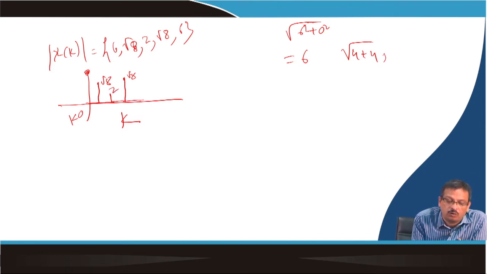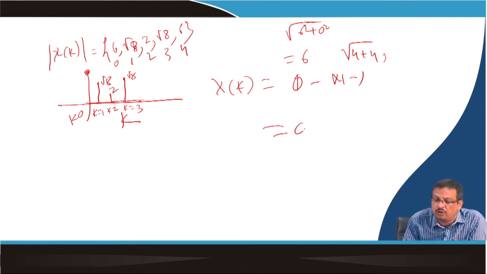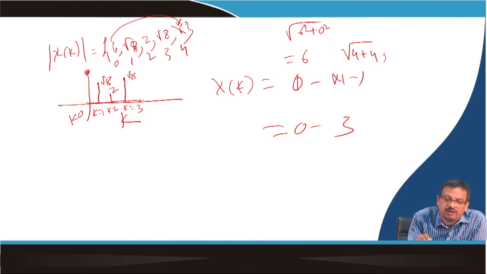So k equal to 0, 1, 2, 3. X(k), k varies from 0 to N minus 1, so it is 0 to 3. So if you see, the same components repeat back, so I will not write this one.